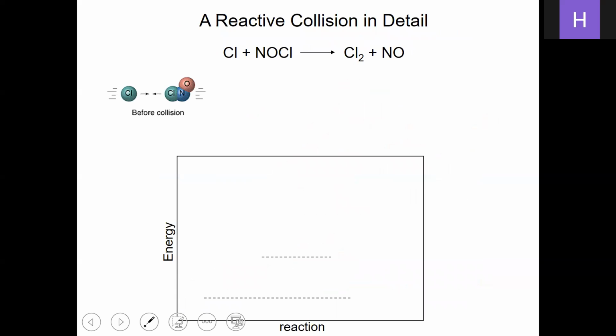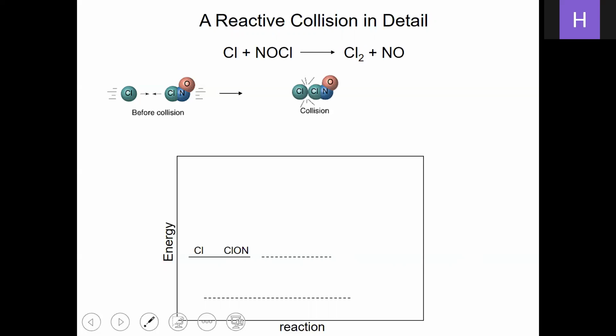So if we draw a plot of the energetics of what's happening in this reaction, we start with a shelf that has our reactants on it: chlorine and ClON on one shelf together. That's a sum of the energies of the reactants.